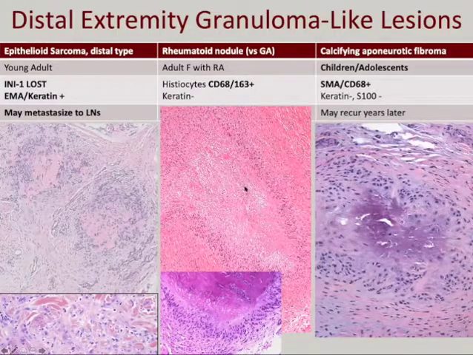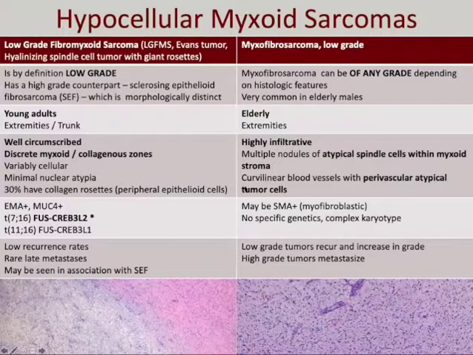Okay. All right, moving into our next category of these hypocellular myxoid stromas. I know we're going to spend a minute on low-grade fibromyxoid sarcoma versus myxofibrosarcoma. So LGFMS is by definition a low-grade tumor occurring on the extremities of young adults, has these discrete myxoid and collagenous zones, is generally paucicellular to moderately cellular, and is defined by FUS rearrangements.